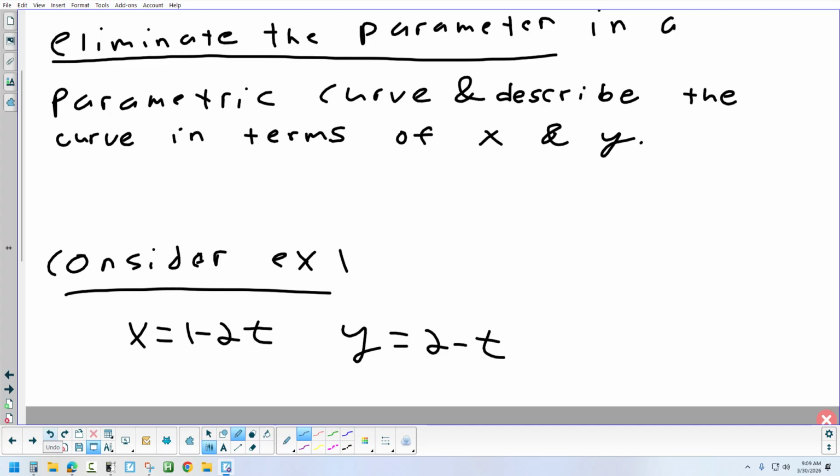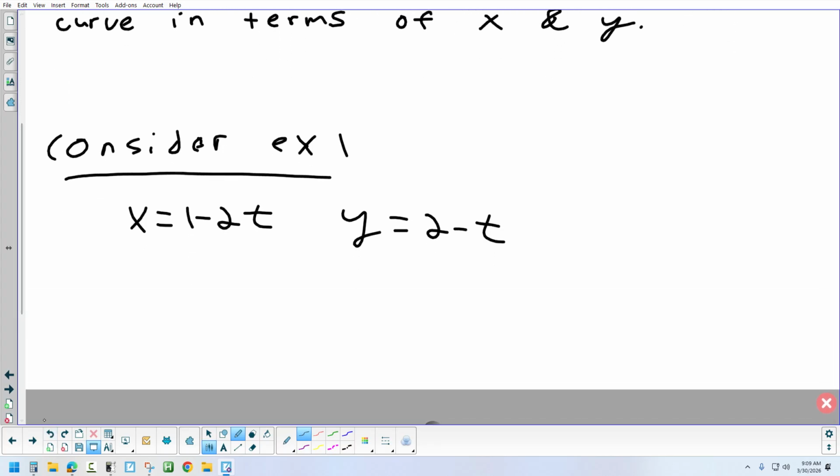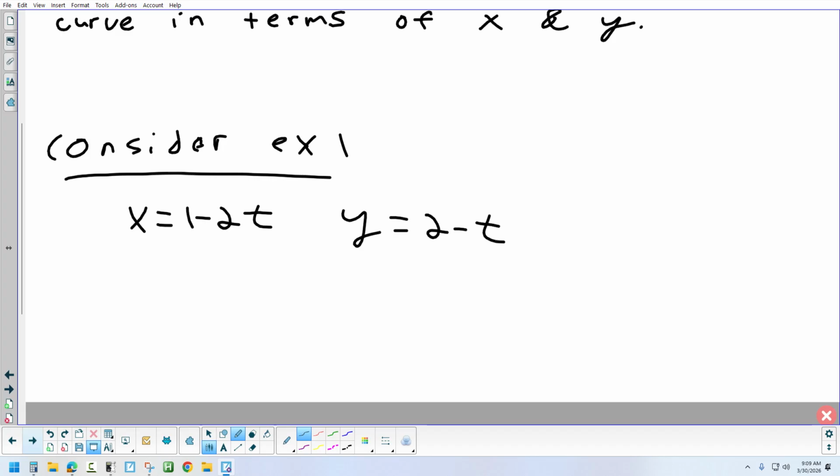So somehow I've got to take both those equations and put them together. Yeah? You could rearrange the equation for x so that t is isolated, then you could substitute that equation for t in the y equation. Yep, exactly. So we're going to isolate the t in the x equation.